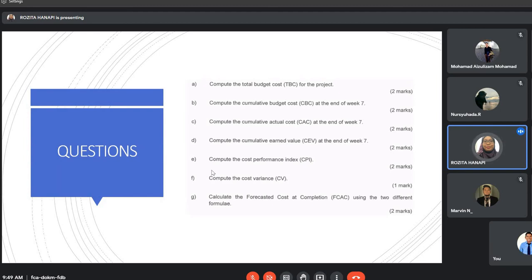So now you can compare between the two methods.